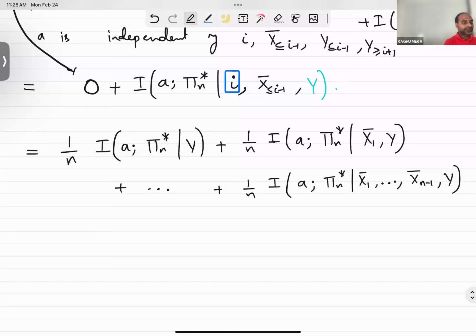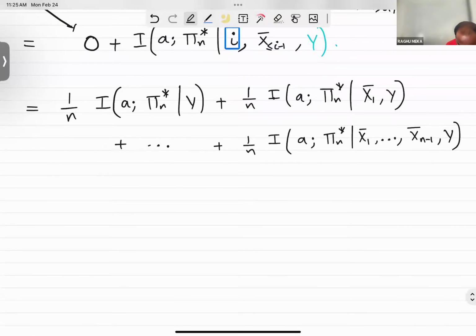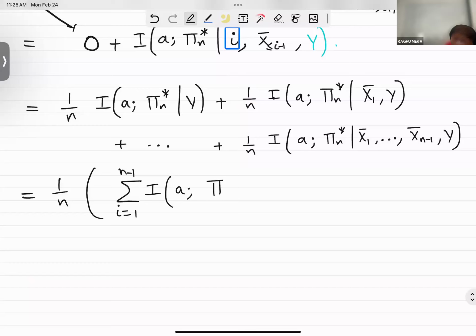Okay. Any questions? Right, I just use the definition of conditional mutual information only for I. So in particular, I can write this as summation I equals 1 through n minus 1, I. All right. Now, what does this remind you of?